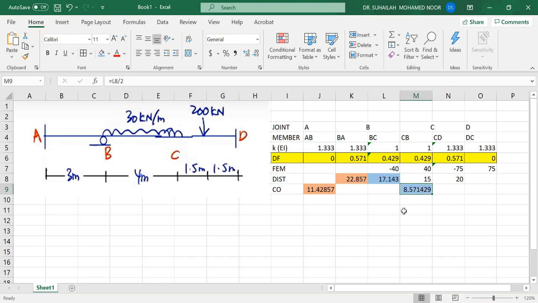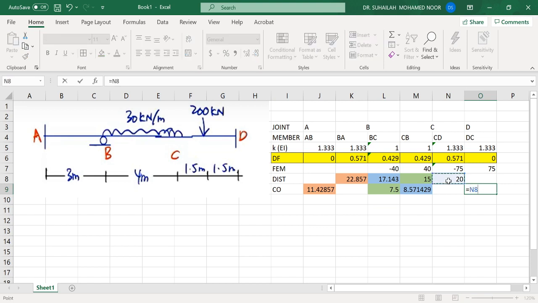Next is C to B. C to B means from CB to BC, cross boundary. It is 15 divided by 2. I put a different color so that you can see it clearly. Green. And then CD, C brings the value to D. It is 20 divided by 2.